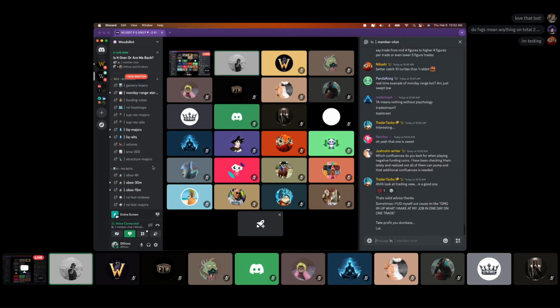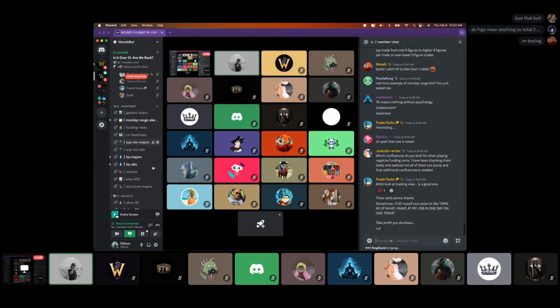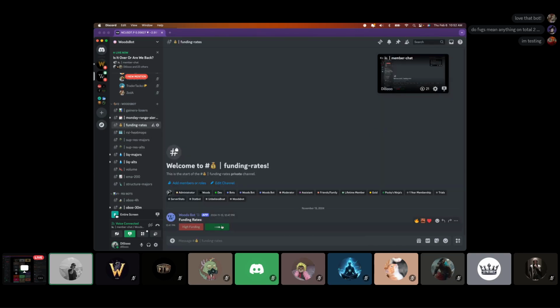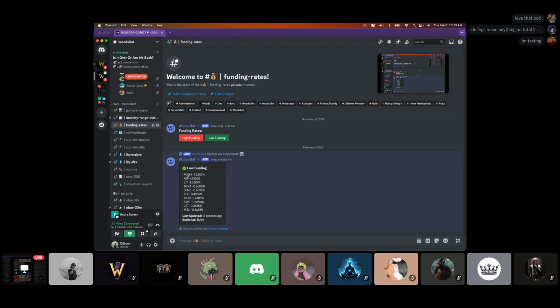The negative funding coins, honestly, I find that it's only the ones at the top. If you go into funding rates, the ones that are going to super pump are going to be anywhere from like 1.5 to 3% negative, right?